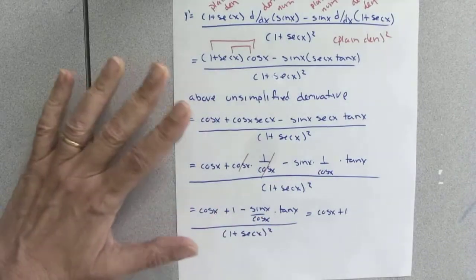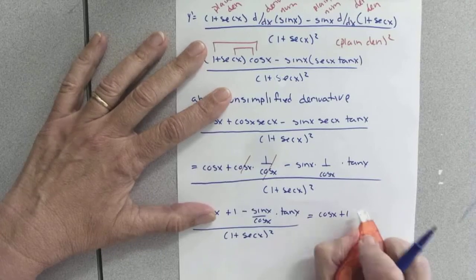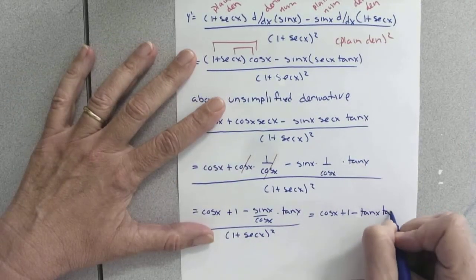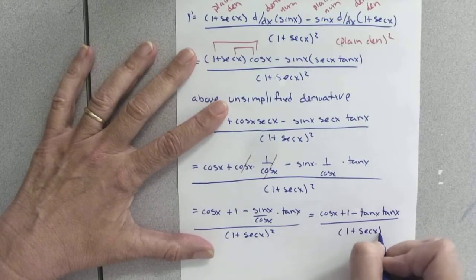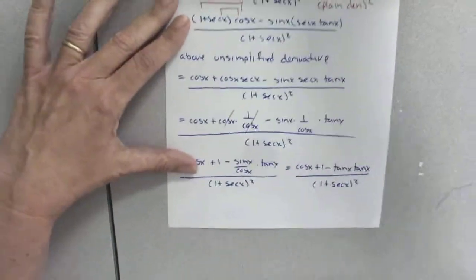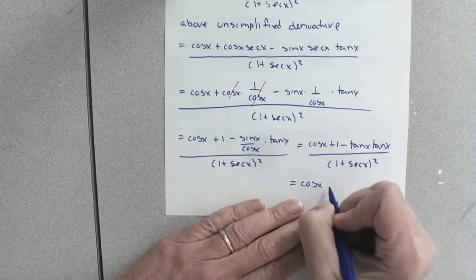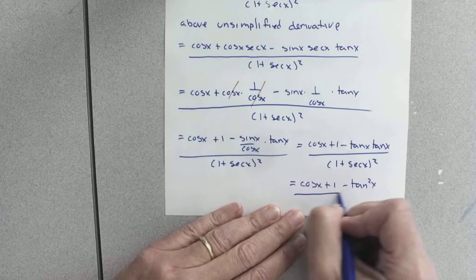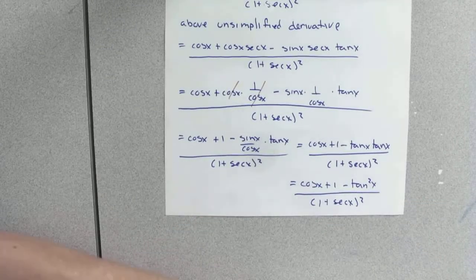Sine x over cosine x is tangent x. And so I have tangent x times tangent x over 1 plus secant squared x, or 1 plus secant x quantity squared, for a final answer of cosine x plus 1 minus tangent squared x over 1 plus secant x quantity squared.